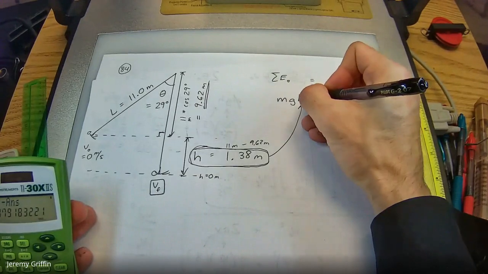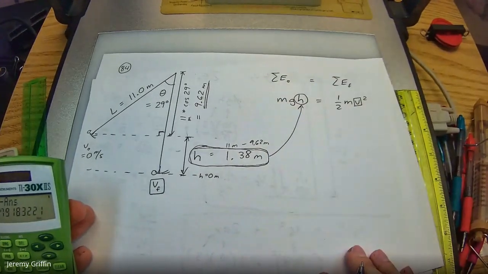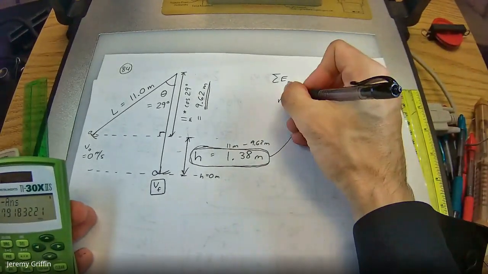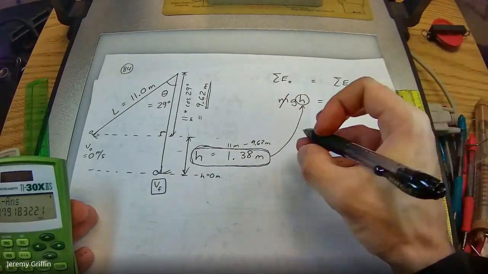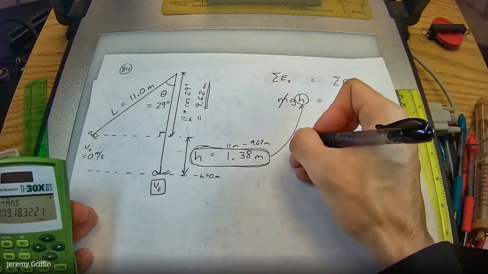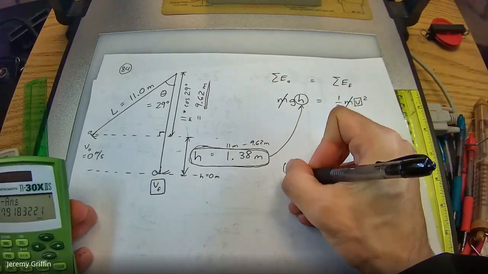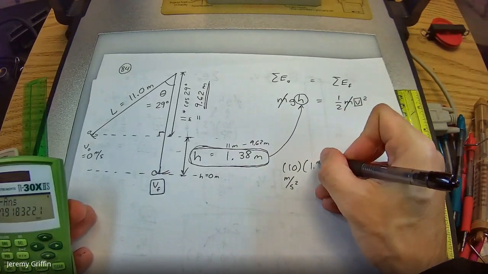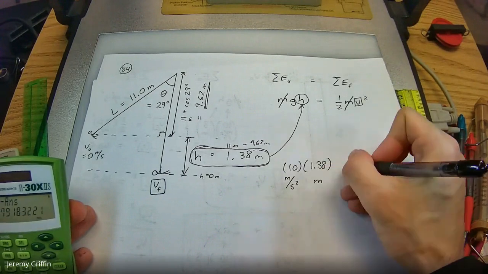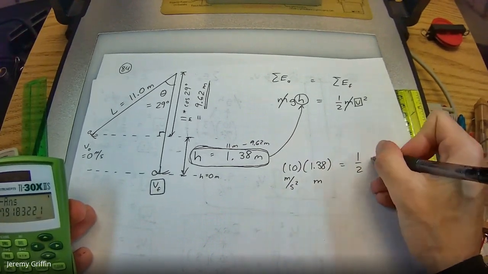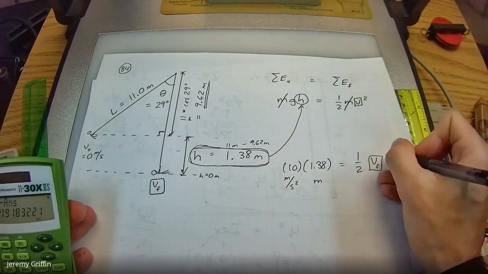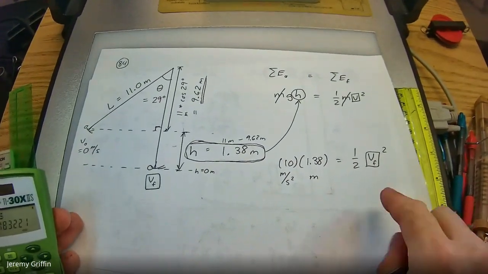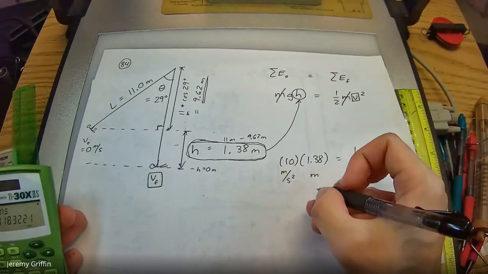All right, let's continue this adventure. Looks like the mass cancels out right here. You could have predicted that. So I've got gravity field of 10 meters per second squared across a height change of 1.38 meters is equal to 1/2 v final squared. And you can solve that, right? Cross multiply the 2, take the square root.